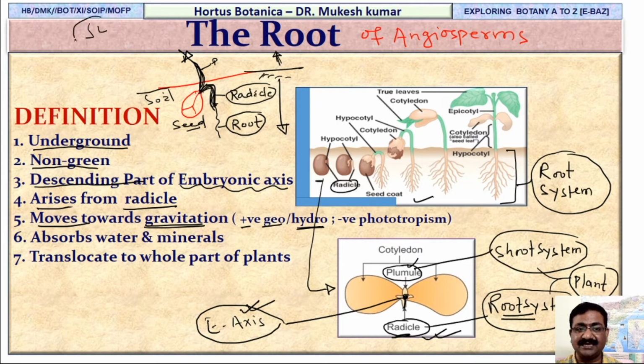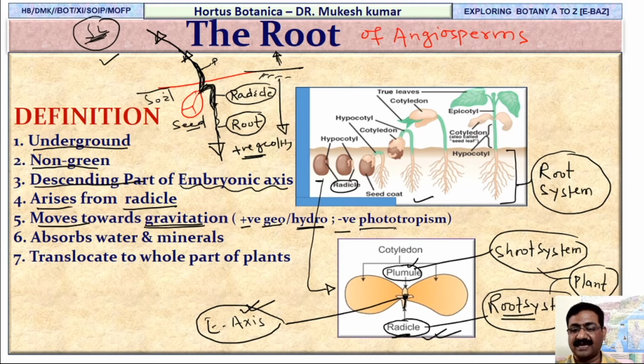See, this is the sunlight. If the plumule is growing towards light, it will be positively phototropic. But the radicle is going downward, so it is negative to solar energy, sunlight. So it is negatively phototropic.